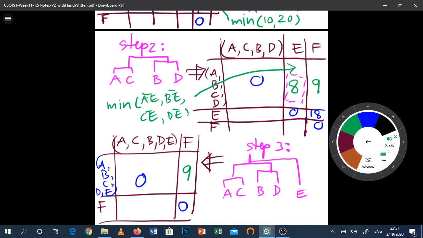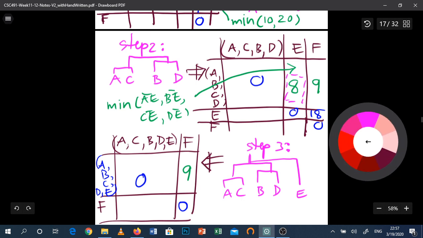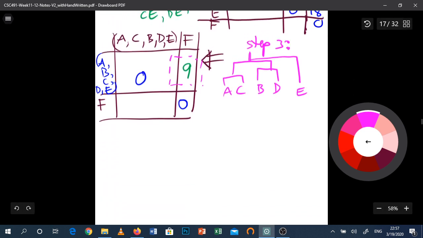Okay, but it can be clearly seen that for the last pair of subgroups, the last 2 subgroups, there is no way but to merge F into the big group.